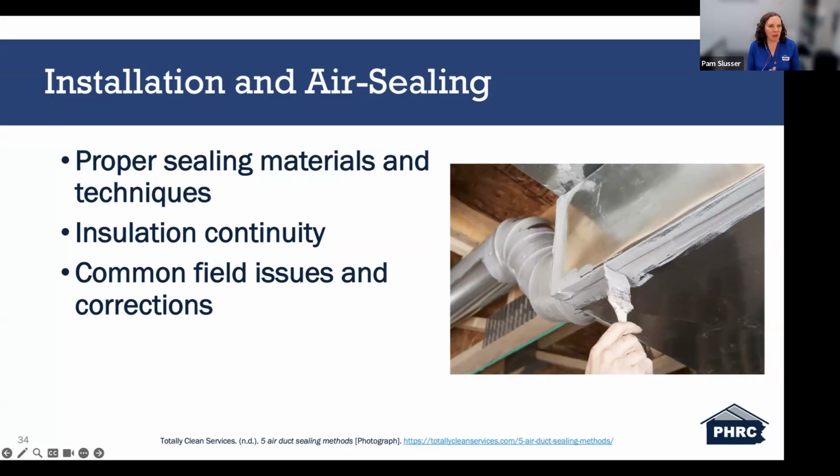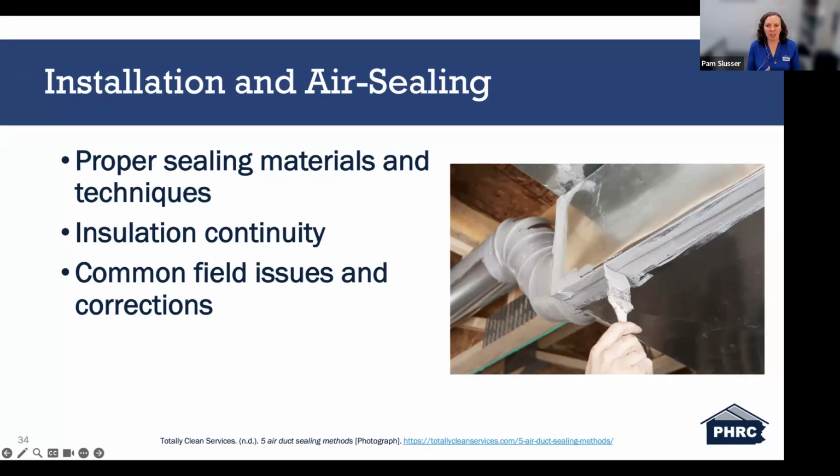Next is insulation continuity. It's important that duct insulation is installed without gaps, compressions, or voids, especially when ducts are outside the conditioned space. Breaks in insulation reduce effectiveness and can lead to energy loss as well. We also want to be aware of common field issues.